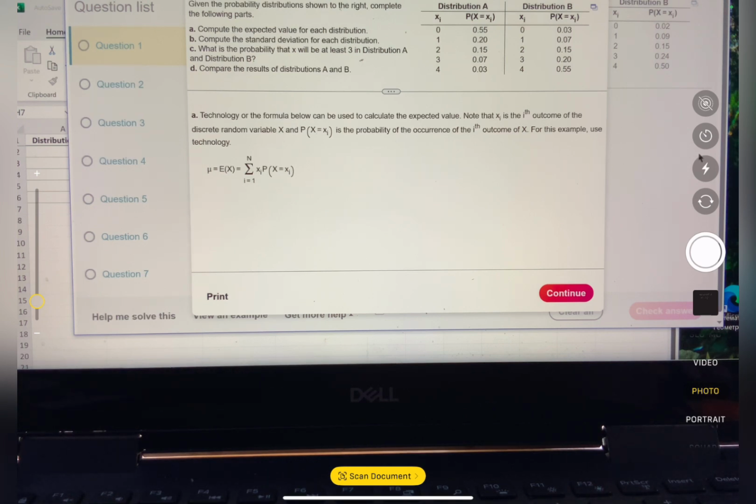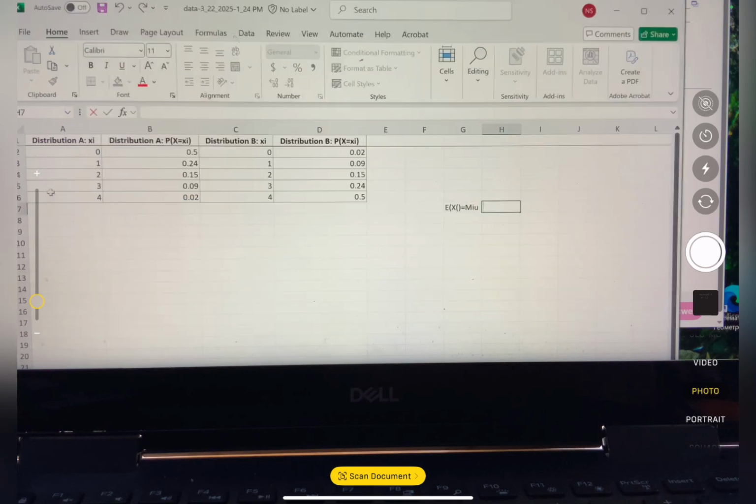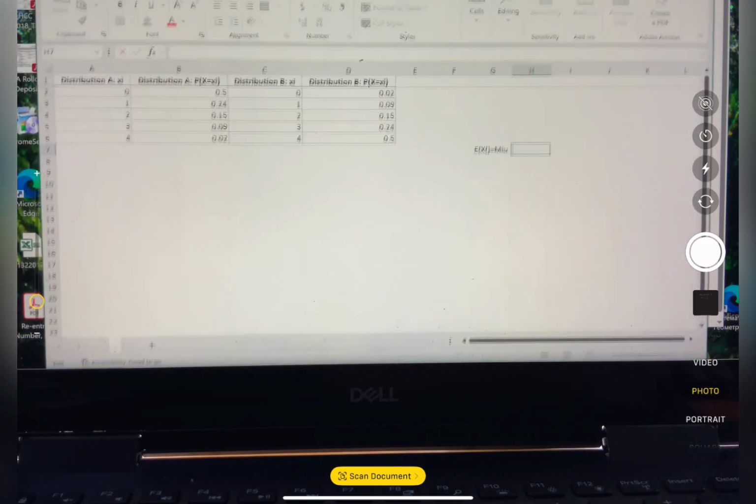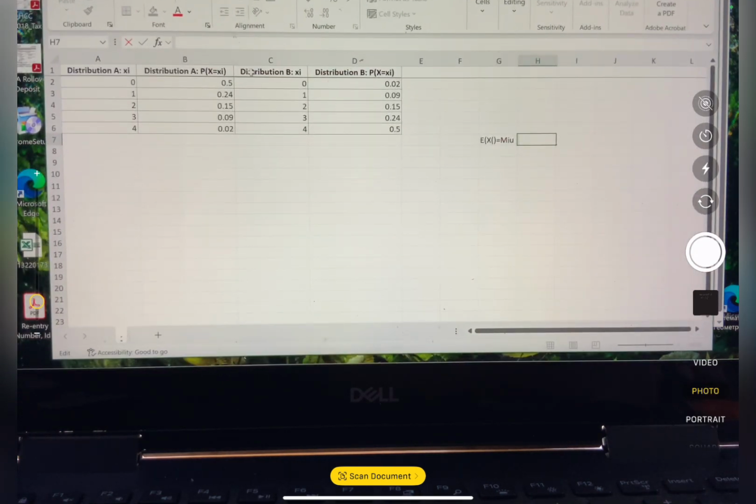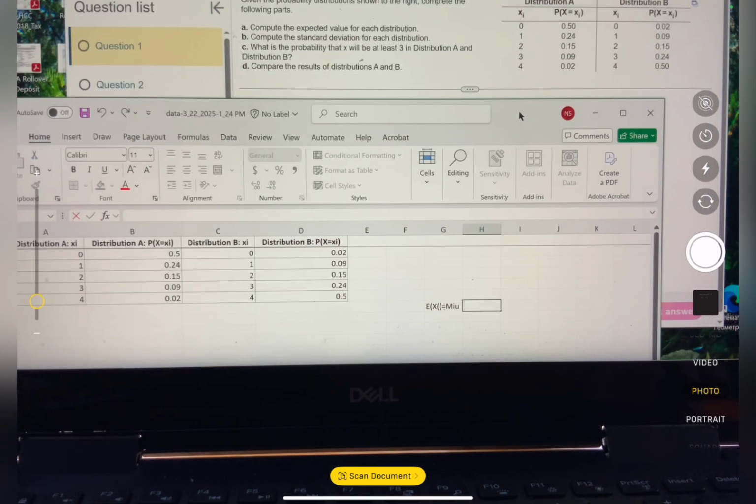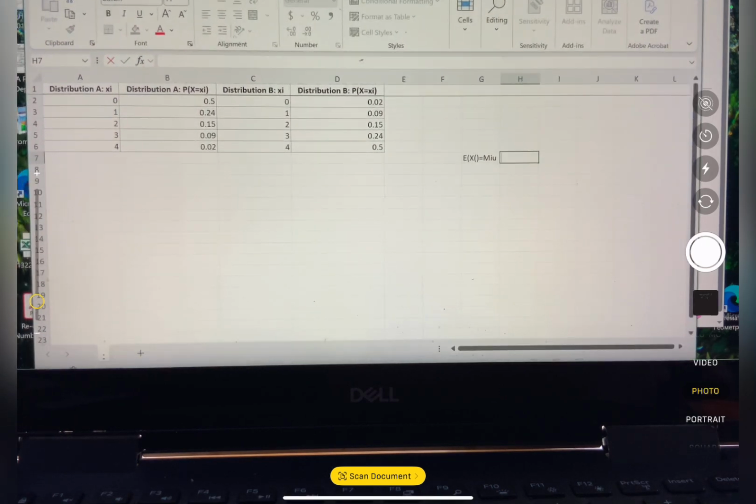All right. And moving to our Excel. Wait a minute, why are both of them distribution? Hold on, why are both of them distribution?